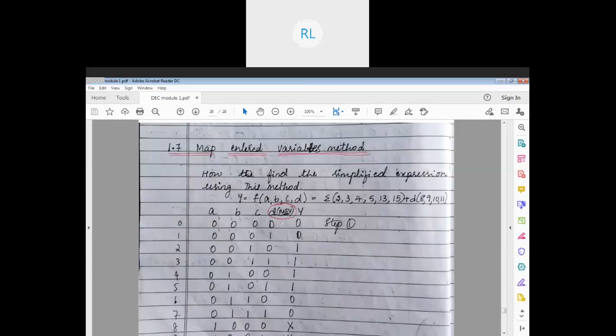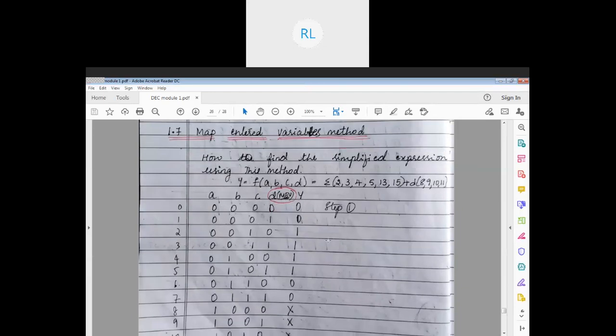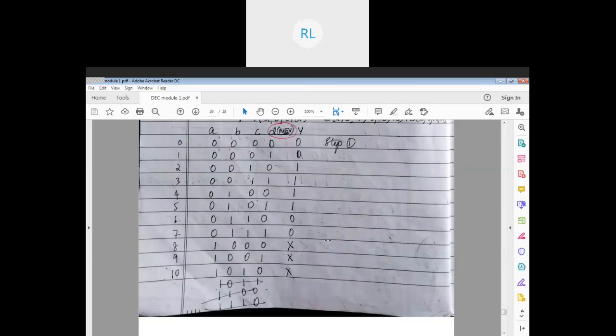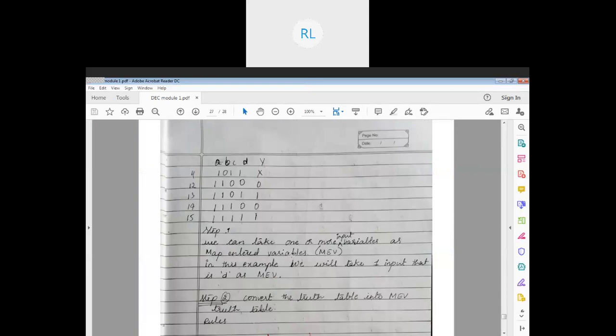Anything can be considered: I can consider A as my MEV, or D, or B or C. In this example I will consider D as my MEV. As we finish studying the rules, you will understand why we are selecting an MEV and what this process is.